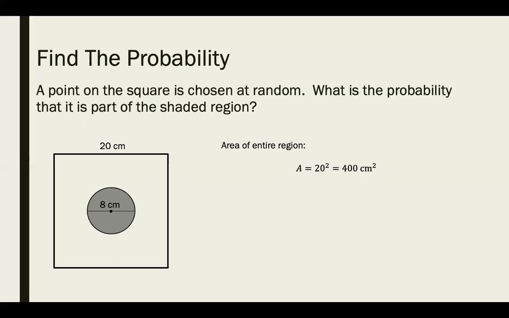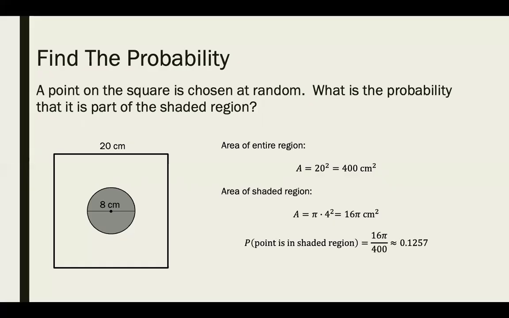That means it has a radius of 4. So to calculate the area of that shaded region, we're going to do pi r squared. So pi times 4 squared, which gives us 16 pi. So to calculate the probability, we need to do the area of the shaded region divided by the area of the entire region. So 16 pi divided by 400. If we do that, we get approximately 12.5%.